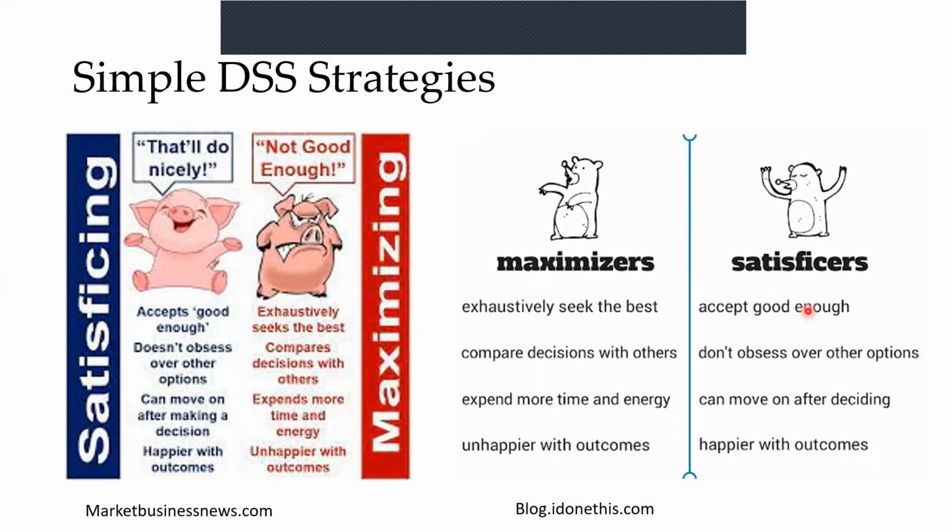A satisficer accepts a good enough result. The person doesn't obsess over other options and can move on after deciding, and is happier with the outcomes. Which one are you? Are you a maximizer or a satisficer? Because personally, I am a maximizer, but now I realize that it's better to become a satisficer.